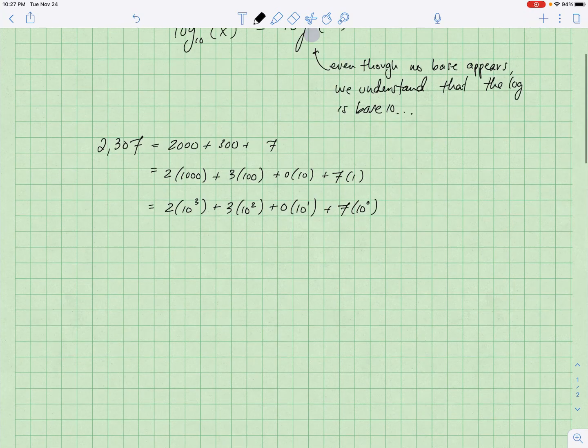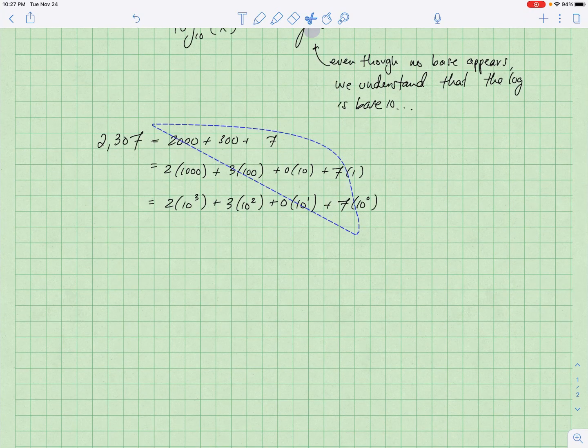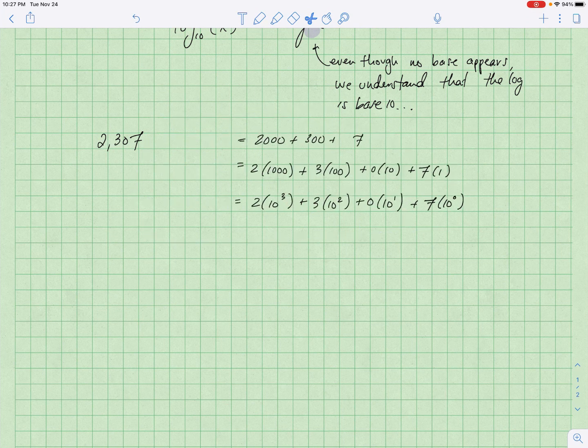In fact, we can make this go a little bit further by putting a decimal on here, 0.32, and this is 0.3 plus 0.02, which is plus 3 times 1/10 plus 2 times 1 over 100, which is plus 3 times 10 to the negative 1, plus 2 times 10 to the negative 2.